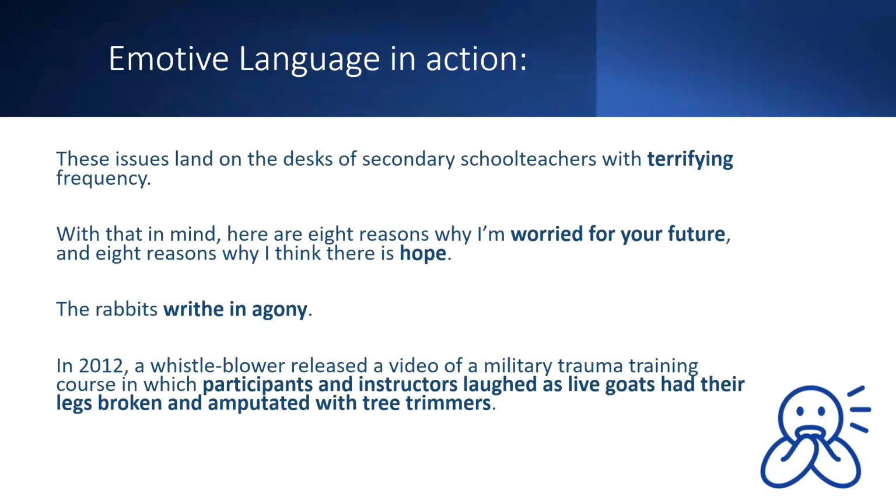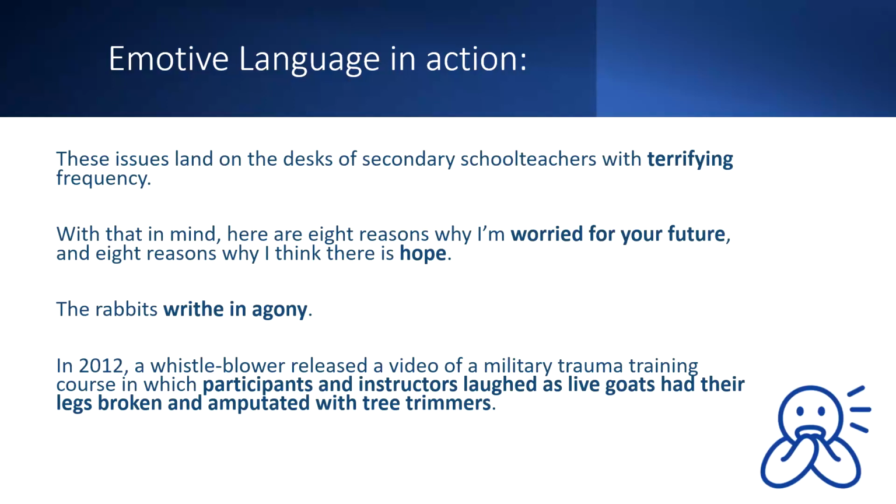So when we're looking for examples, we can see in that first one, it could simply just be one word. We've got that terrifying here. These issues land on the desks of secondary school teachers with terrifying frequency. Now, if we remove the word terrifying from that sentence, it still makes sense, but terrifying gives it emotive power. It makes it more emotional.